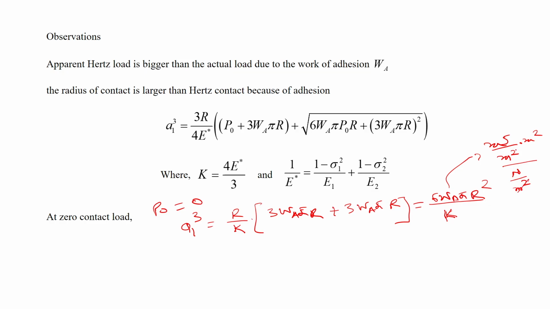So, this meter square goes, and joule means Newton meter, so Newton goes, it is meter cube, fine, we are fine actually. So, this a1 cube is equal to this. What it means is that even when the load is 0, okay, there is a finite contact radius that occurs because of this work of adhesion, and this is experimentally found and that is captured by this particular equation. So, that is there.